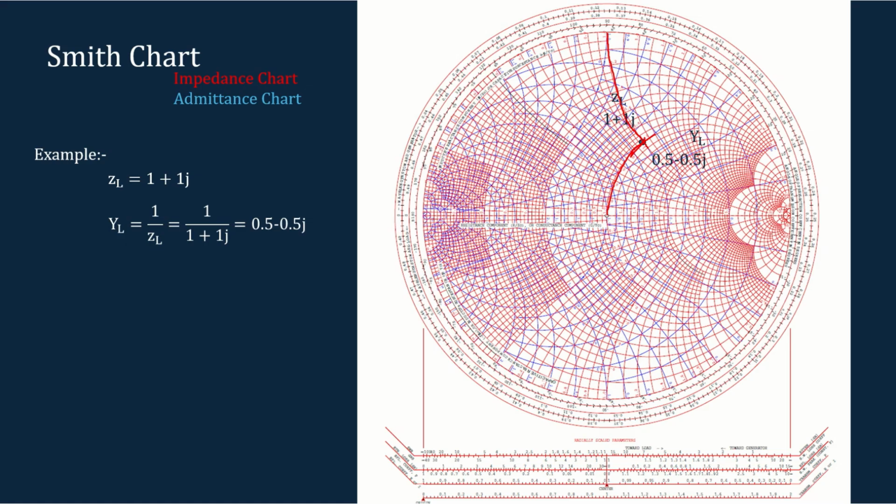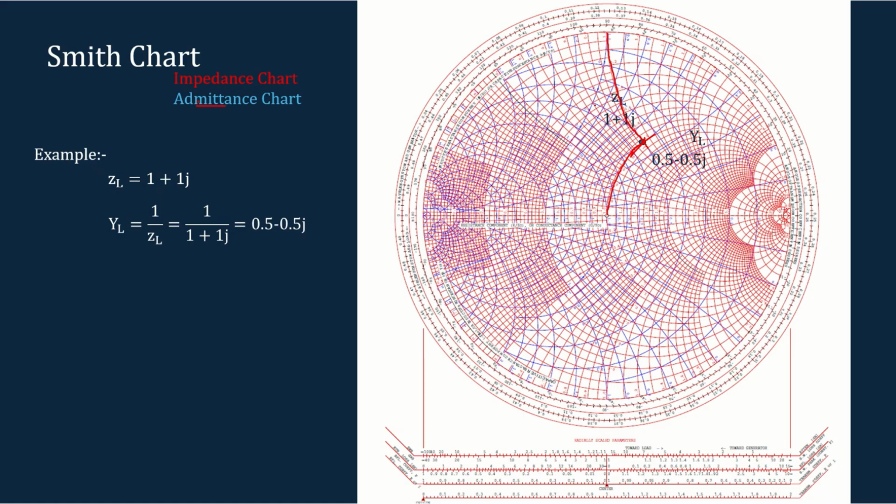So if I have to find out the corresponding admittance, what I have to do is consider the blue chart. The admittance corresponds to the blue chart. So if I have to find the admittance for this point, I have to consider the blue chart, and this is my constant conductance circle.